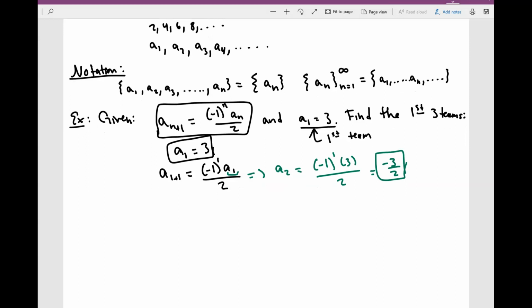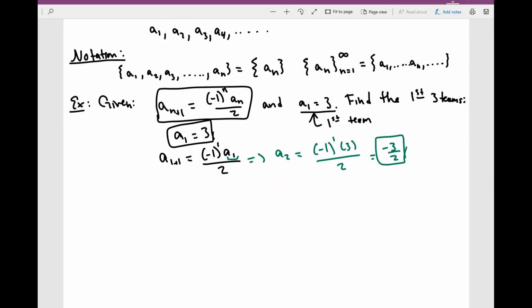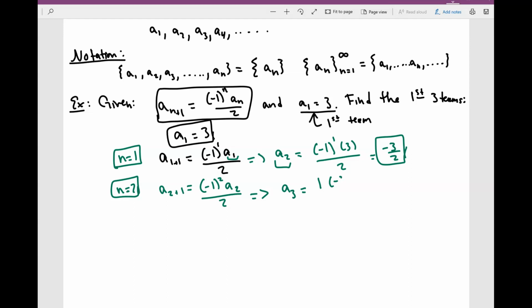Now how am I going to find A3? If the last step was plugging in n equals 1, the next thing to plug in is n equals 2. So A2 plus 1 is equal to negative 1 squared, A2 divided by 2. This tells me that A3 is equal to negative 1 squared, which is positive 1, times A2, which we just figured out was negative 3 halves, divided by 2. This gives me negative 3/4.